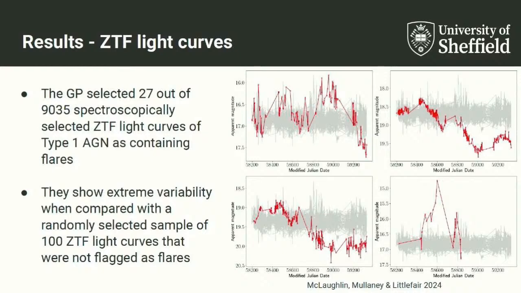These are shown on the right-hand side. So while all of them show a kind of typical flare signature, right? They all show extreme variability when you compare them with a sample of 100 randomly selected light curves that were not as extremely variable by the Gaussian process. And it's a bit pale on the screen, but that's what I'm trying to show by the grey light curves in the background.